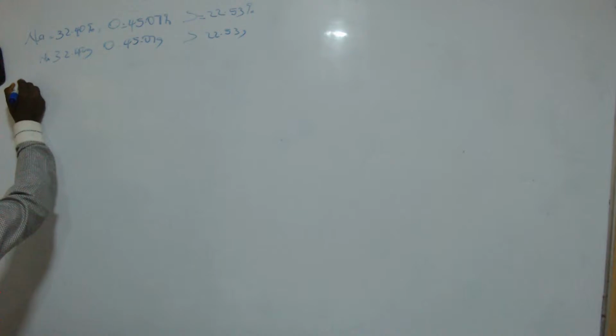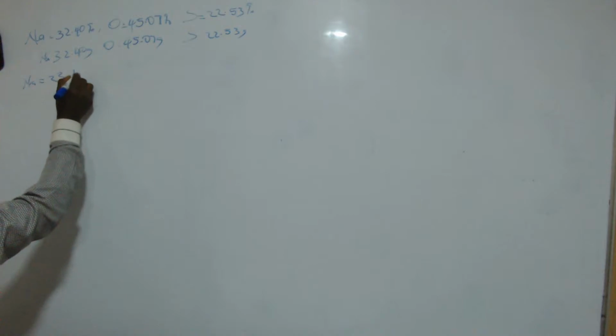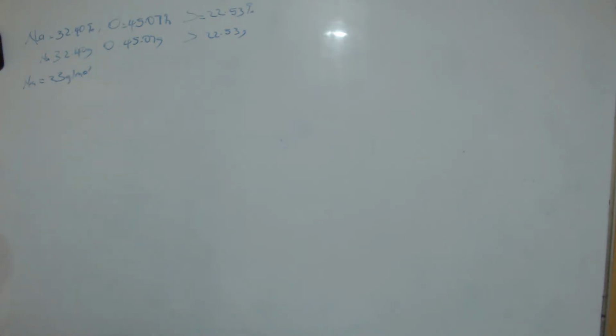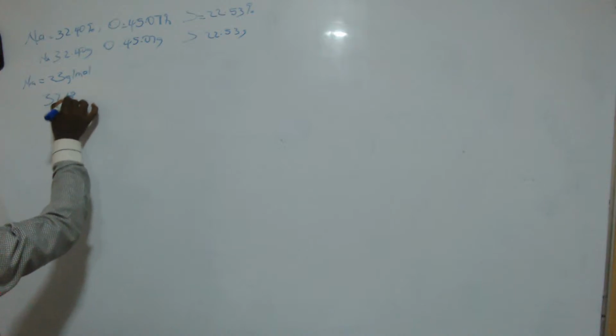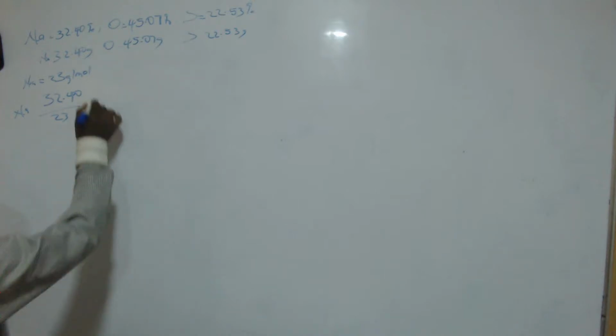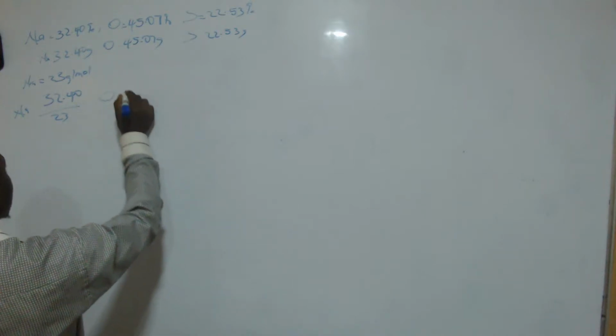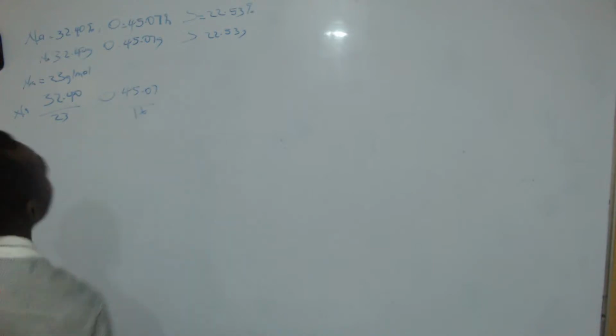Sodium has a molar mass of 23 grams per mole. So now you'll be dividing 32.40 over 23. That's your sodium. For your oxygen, remember oxygen has a molar mass of 16, so that's 45.07 over 16.